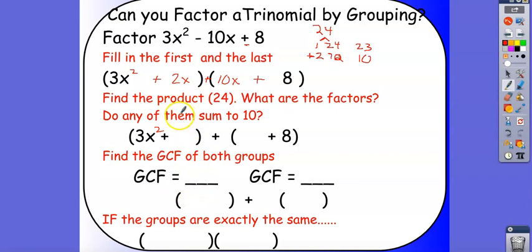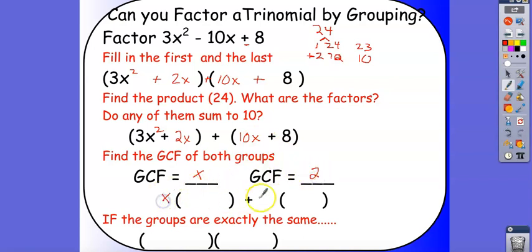Remember, I'm looking to see if they're exactly the same. So if I have 3x squared plus 2x plus 10x, and I try to take the GCF out of this one, the only GCF is x. You don't have anything else. Over here, the GCF is a 2. Let's see if that works.